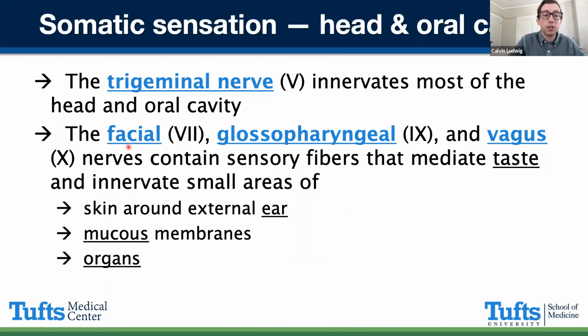Three other cranial nerves, facial 7, glossopharyngeal 9, and vagus 10, contain sensory fibers that mediate taste. And then on the skin, they also innervate small areas of the ear, skin around the external ear, some mucous membranes, and then the internal organs, especially the vagus nerve, which is really important for respiration and blood pressure.